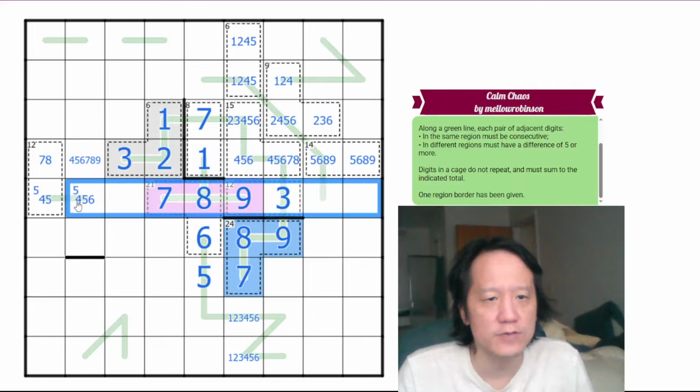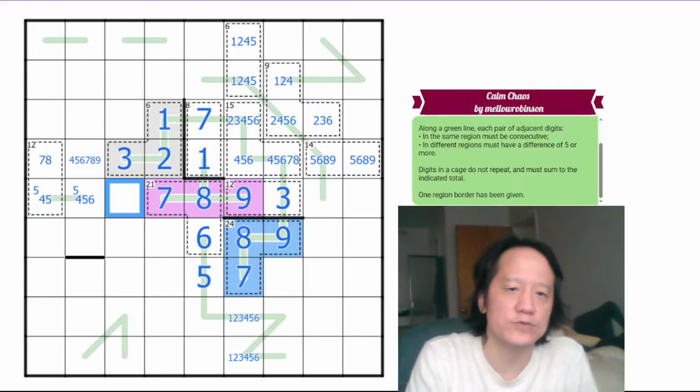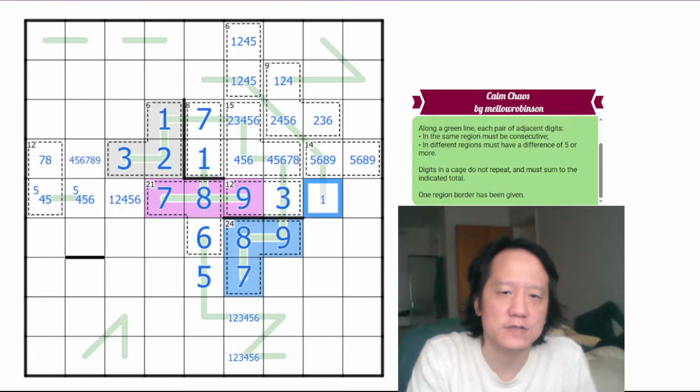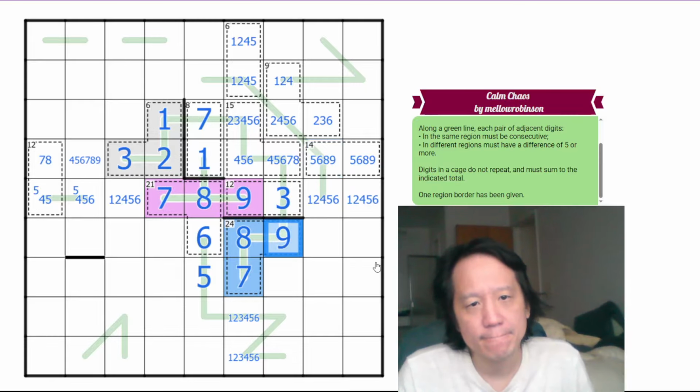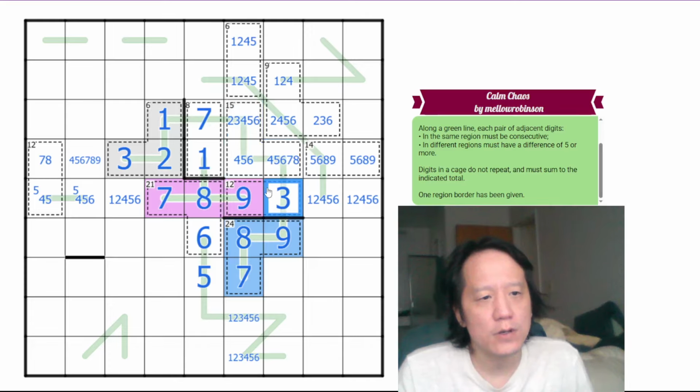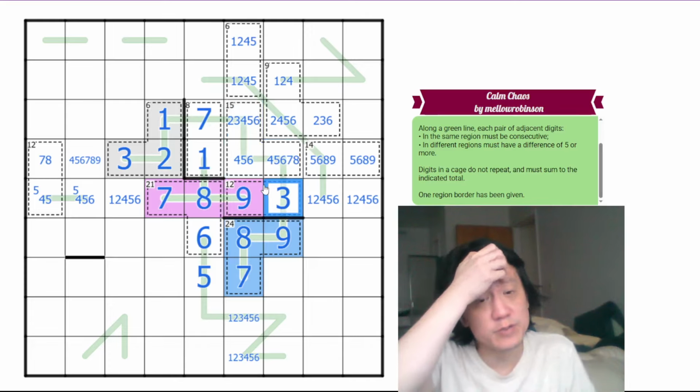Remaining digits in row 5 are 1, 2, 4, 5, 6. What other possibilities are there?